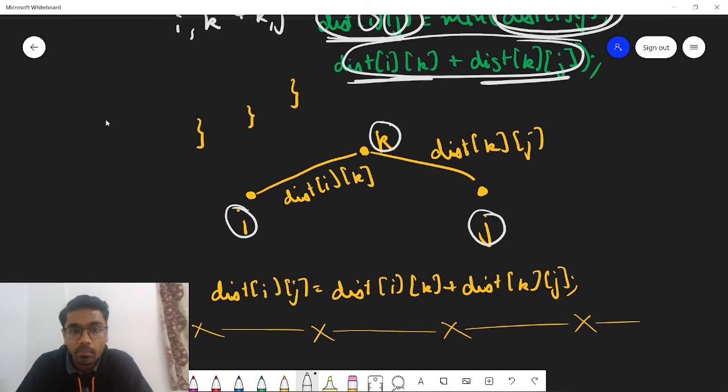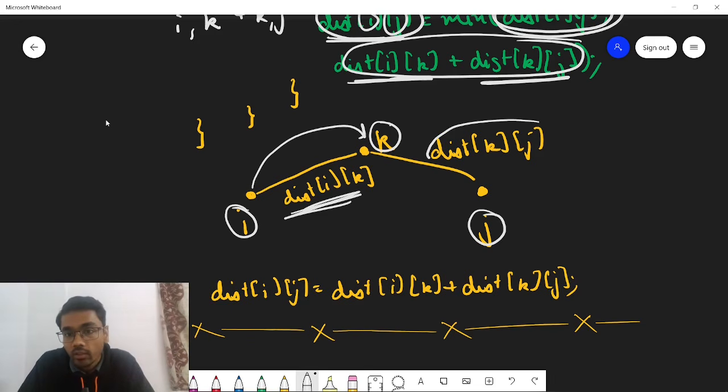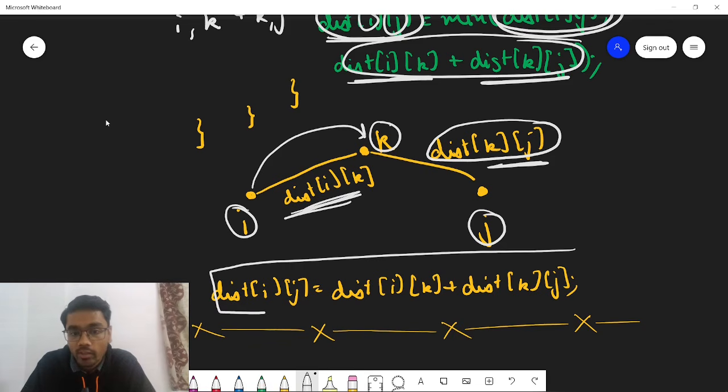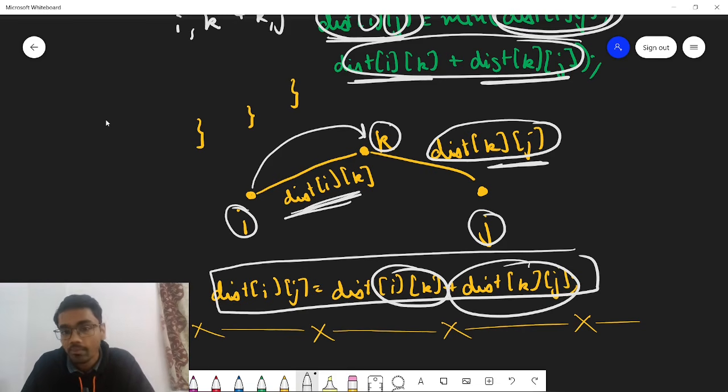First we need the minimum distance to convert i to k, which is given by distance of i comma k. Then we need to convert the kth string to the jth string, which again should take the minimum cost, given by distance of k comma j. So our final distance of i comma j becomes distance of i comma j equal to distance of i comma k plus distance of k comma j. This is what the Floyd Warshall algorithm looks like.